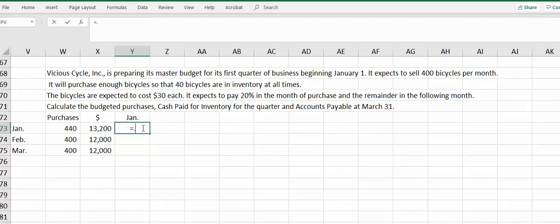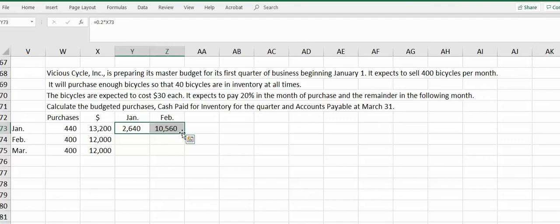So equals 0.2 times, and the rest gets paid in February, which is equal to the 80% times your dollar purchases in January. So by the end of February, we'll have paid off all of the purchases made in January.